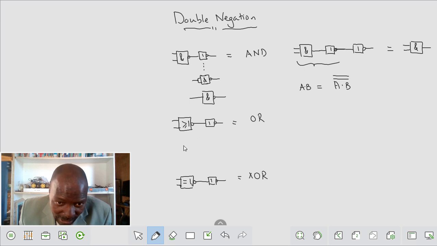If we take this one here, we would say that is a NOR. Let me not talk of A's and B's that don't exist here. In this case here, it's A or B. This is my NOR gate, but if I invert twice, it's going to be the same as just the OR gate.